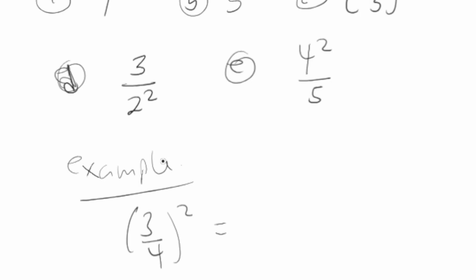Because the square is outside the parenthesis, this is going to be 3 squared over 4 squared, and 3 squared is 9, 4 squared is 16. So 9 over 16. I don't want to get it in decimals, so I guess we could just keep it this way. So this is just an example for you.